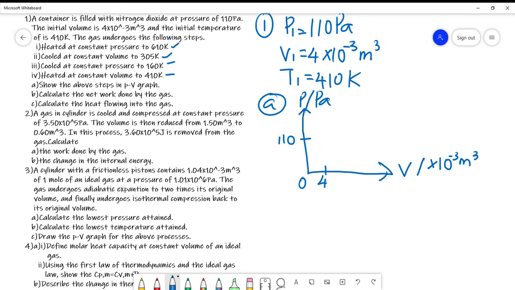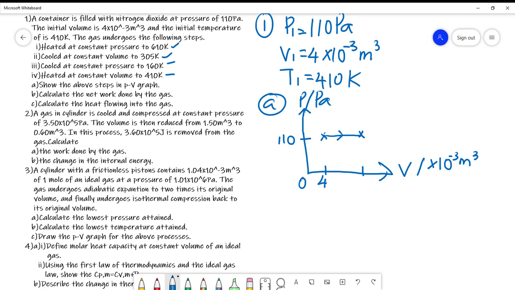This will be my first process, heated at constant pressure to 610 K. This will be my second volume, and we will calculate it later. This will be my first line, which is the constant pressure.